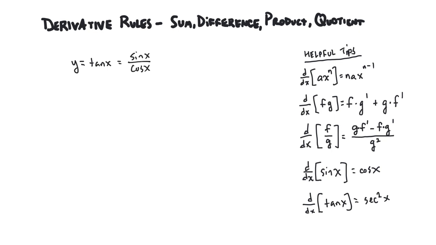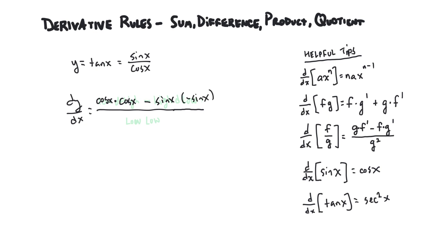And if I use my handy quotient rule, I can see that the derivative is going to be low, which is cosine, multiplied by the derivative of sine, which is also cosine, minus sine, multiplied by the derivative of cosine, which is negative sine, all over low squared, which is going to be cosine squared.